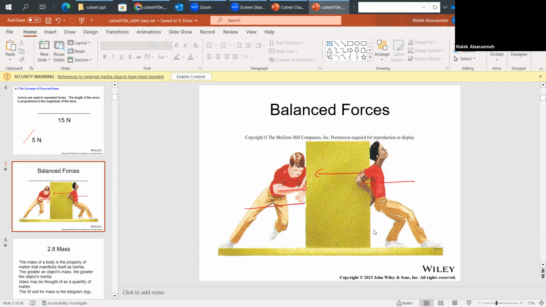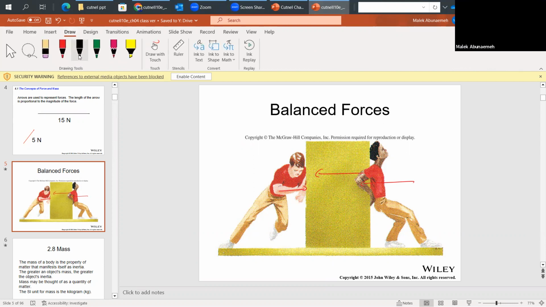If this person has more force than that person, then your block will move in that way. If they both have balanced forces, the same amount of force going out, the block does not move.